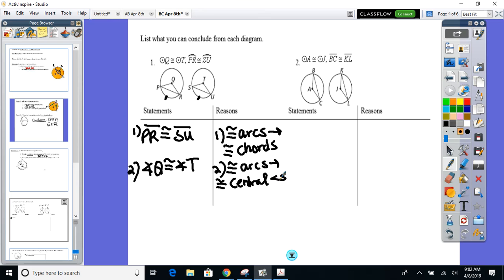Because it's a central angle, yeah. I wouldn't be talking about anything bigger than 180. Okay, good point. What, Meg?